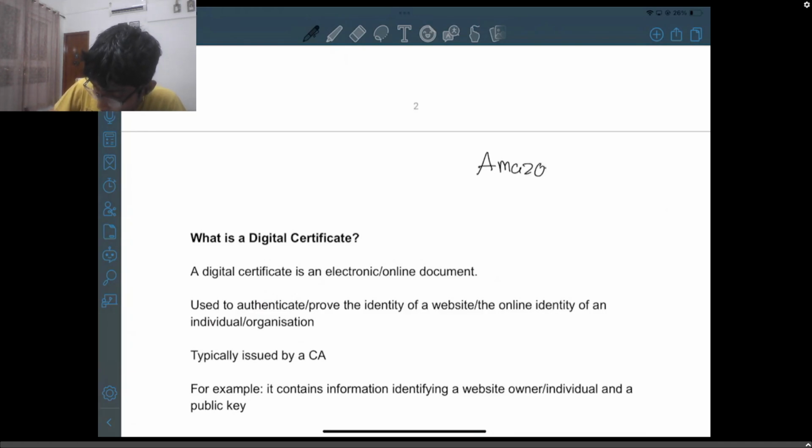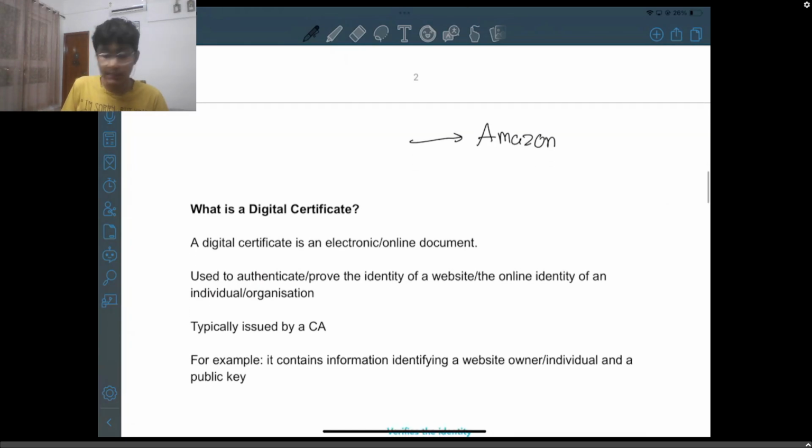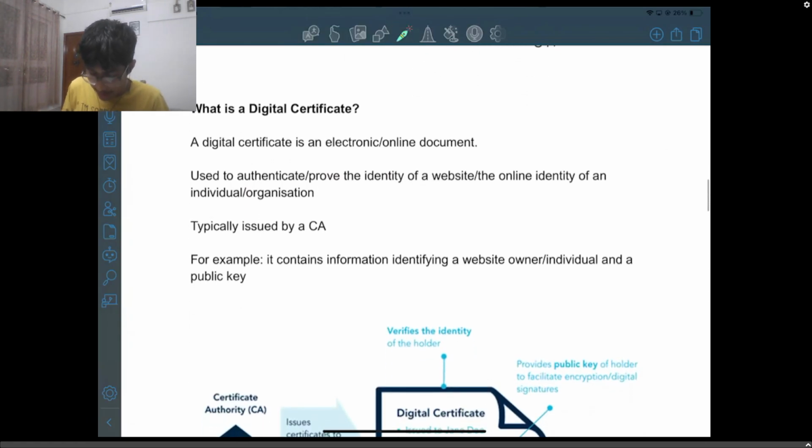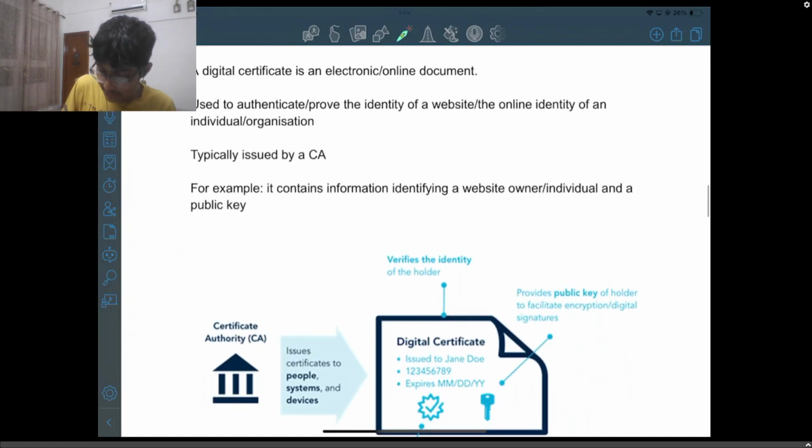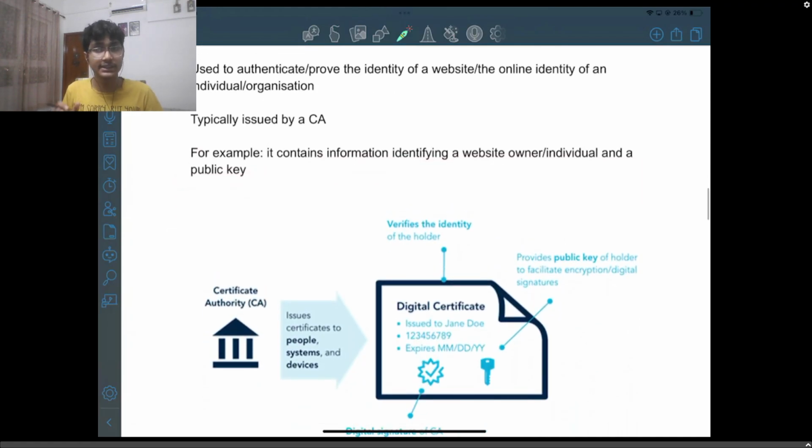I'm going to their website and I want to make sure the person I'm talking to is actually Amazon, not a scammer or a hacker in the middle trying to steal my data. So this is where we use digital certificates. This is issued by a CA, a certificate authority, and we'll discuss that later. For example, it contains information identifying a website's owner and a public key.